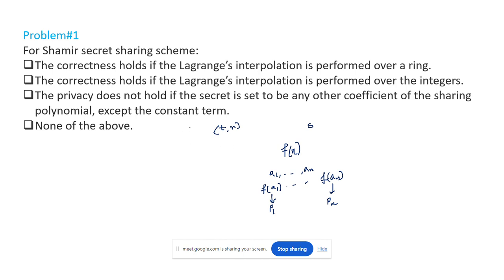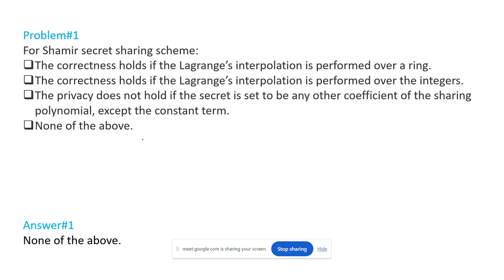So it does not matter whether the secret is placed at the constant term or at some other coefficient. So this statement is wrong. Privacy will hold even if the secret is set to be any other coefficient of the sharing polynomial except the constant term. So none of the statements are correct, actually.